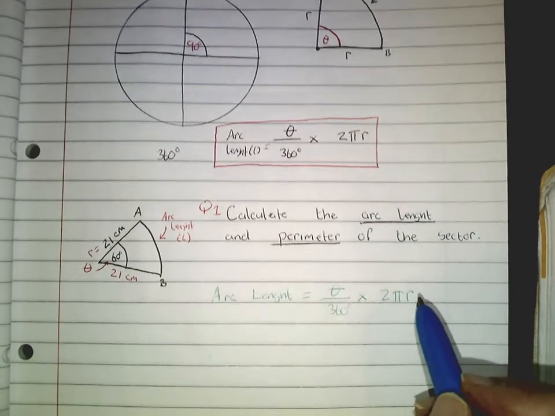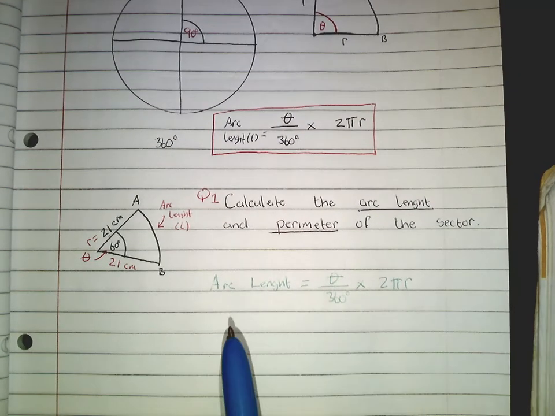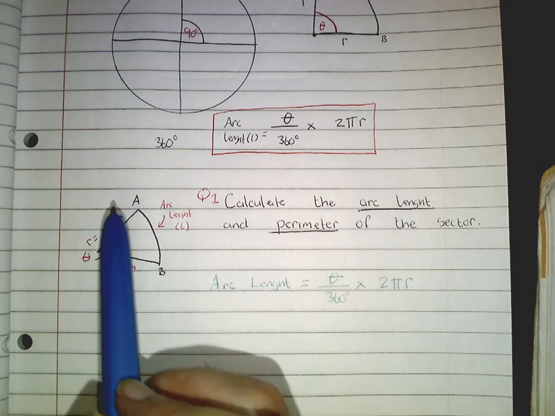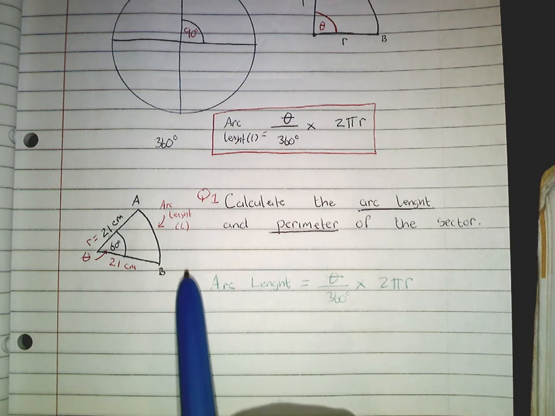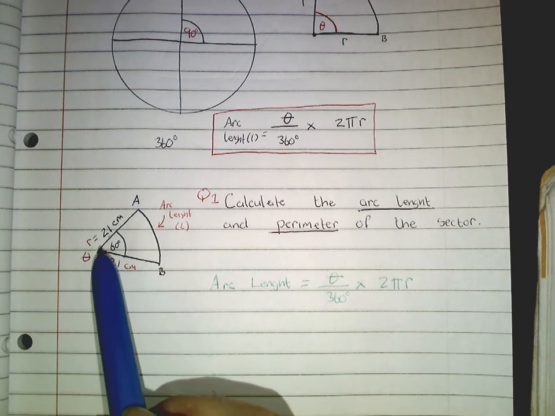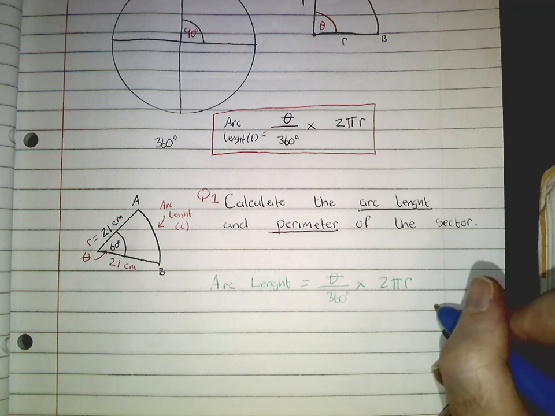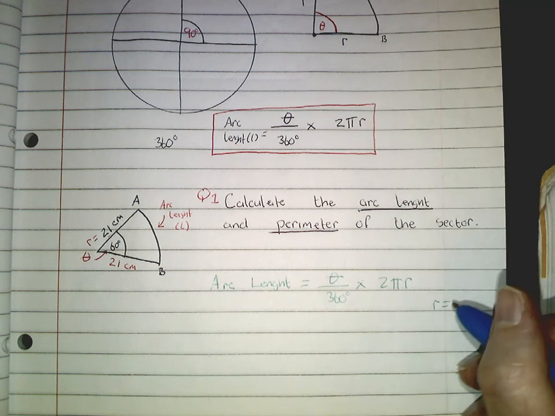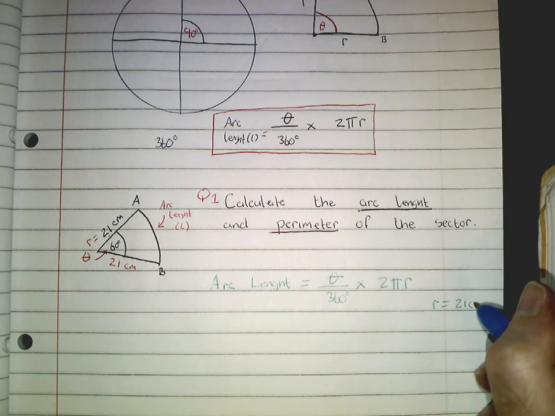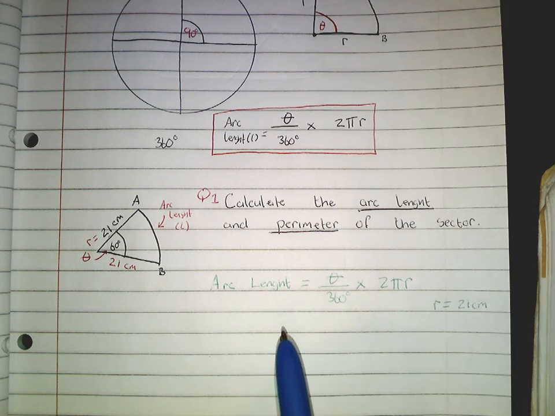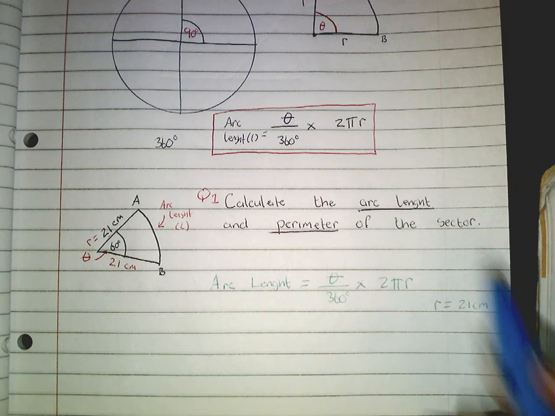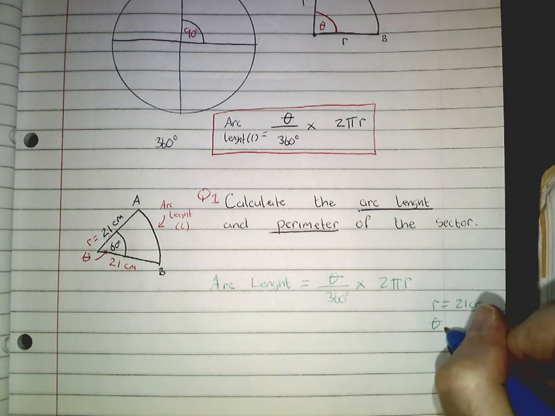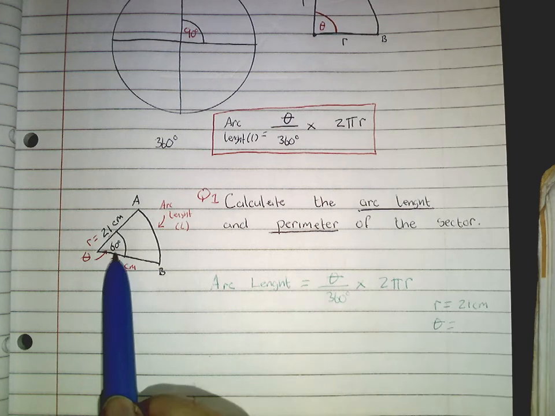So we want to identify what we have. The arc length is the unknown. The radius r is equal to 21 centimeters, and theta is equal to 60 degrees.